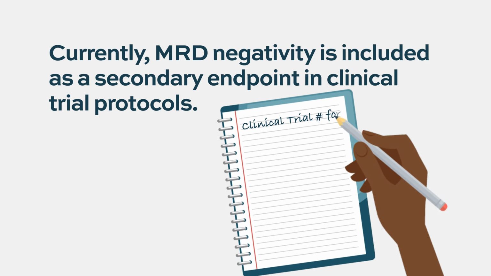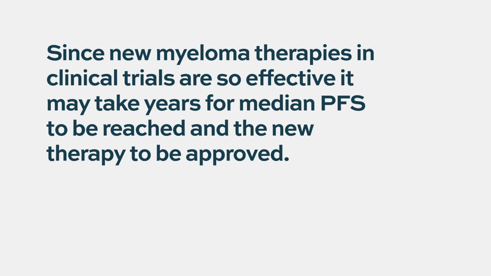There are some new studies that are ongoing that just have been started that have put MRD negativity as the primary endpoint. If the FDA were to approve that, that means that the drugs could be evaluated for the primary endpoint, let's say after only a year. So you have the randomized study with the experimental drug and the control arm.